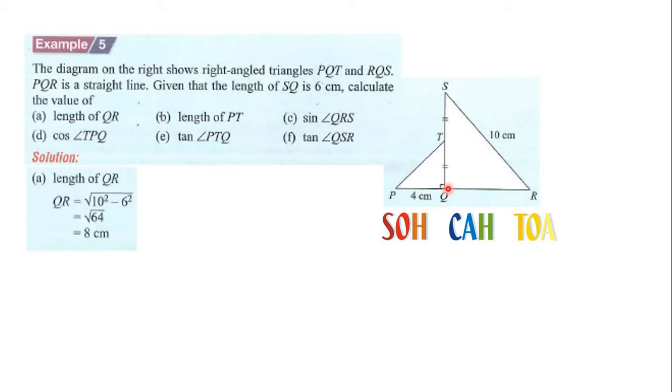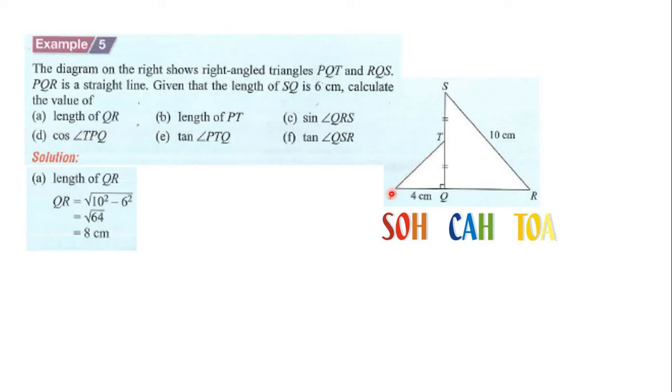So the length of QR is square root of 10 square minus 6 square. Okay, answer 8 centimeter. Next, length of PT.